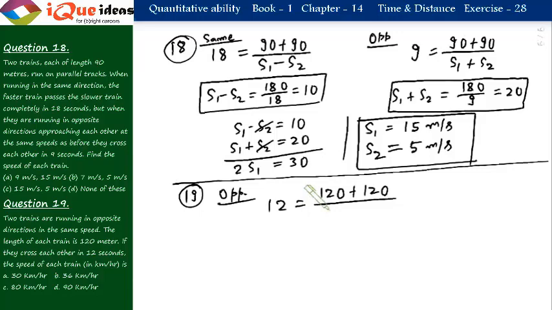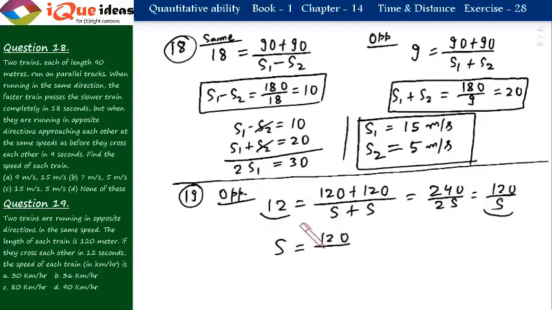Both the speeds are the same, so let's say S plus S. So this is equal to 240 divided by 2S, which is 120 by S. So we have 12 is equal to 120 by S. So S is equal to 120 by 12, that is 10 meter per second.